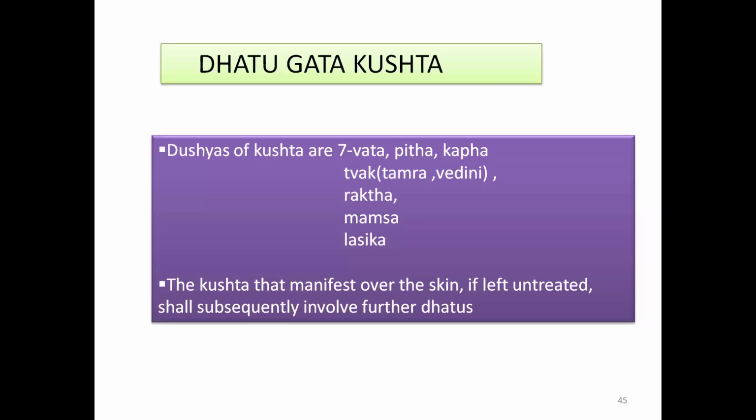And after the descriptions about the Mahakushta and Kshudrakushta, the involvement of Dhatu Gatatwa is explained. Dushyas of Kushta are seven: Vada, Pitta, Kapha, Tuk.